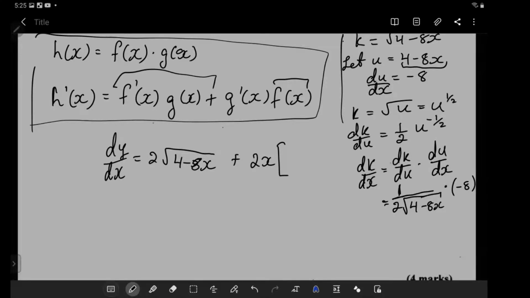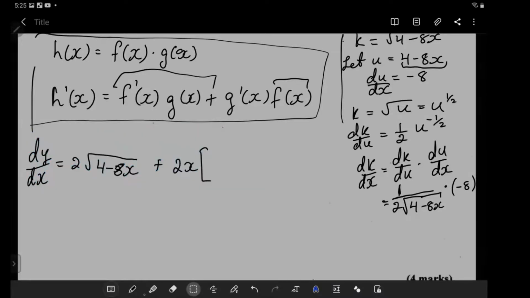So we could put this into here. Allow me to bring this around slightly. All right, so we have 1/2 square root of 4 minus 8x, times negative 8. So we could cancel a few things. The 2's could cancel.